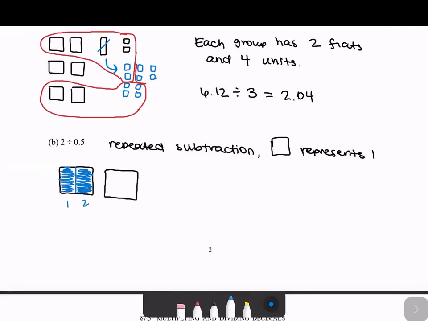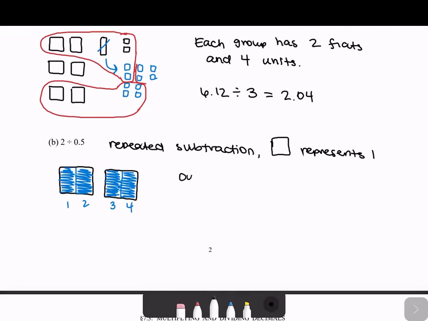And then we go over to the other flat. And so right now we have this group that we've accounted for. And then we have 1 group left that we need to take away in order to completely account for all of the picture. So we made 4 groups.